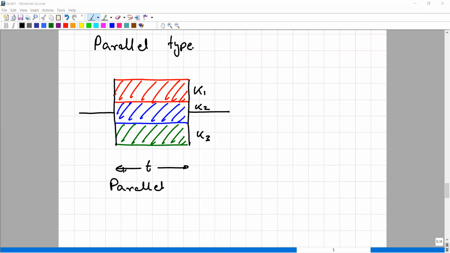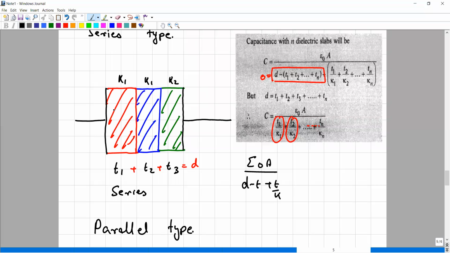Now for the parallel type arrangement, you first need to understand that in a parallel arrangement, these slabs are actually touching both plates of the capacitor. That means the thickness of all the slabs is T. In the previous case, the series type, the thicknesses of the slabs were T1, T2, T3 because they were not covering the whole space.